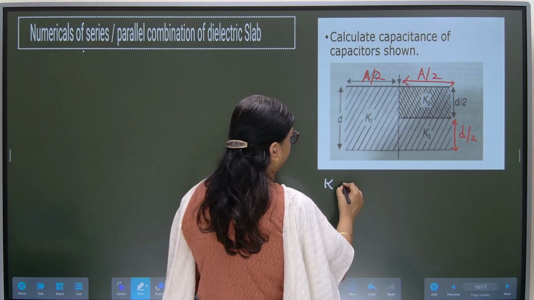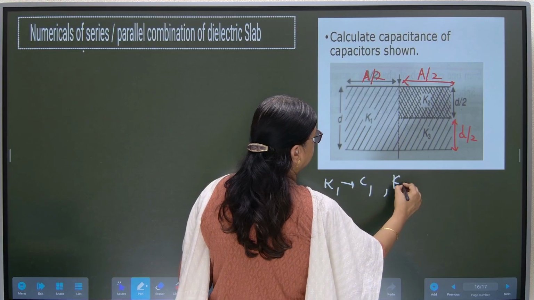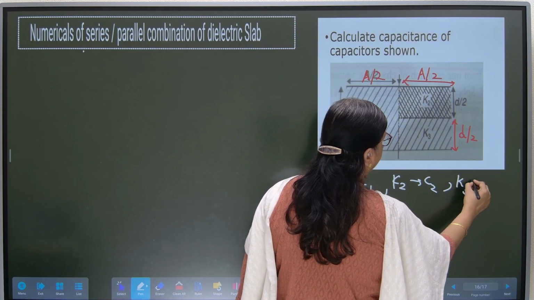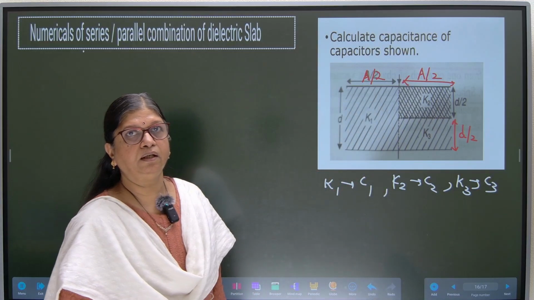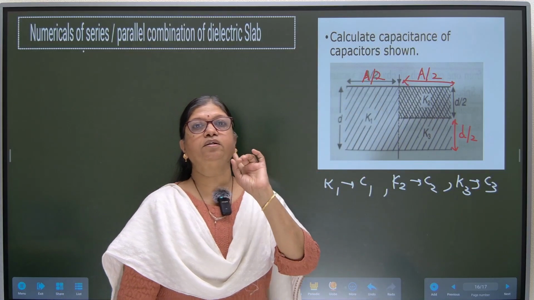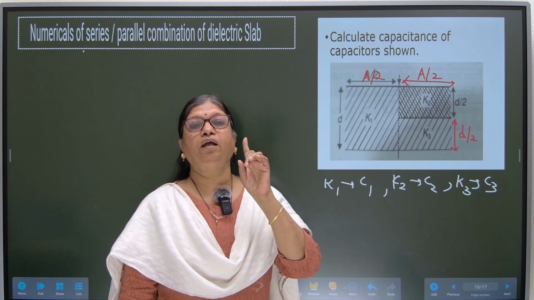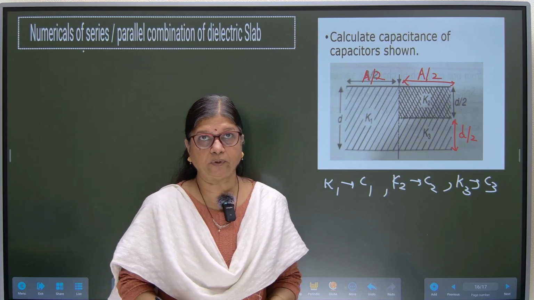Let us write K1 capacitance as C1, K2 capacitance as C2 and K3 capacitance as C3. Now our trick has to be used to identify in which combination C1, C2, C3 are.